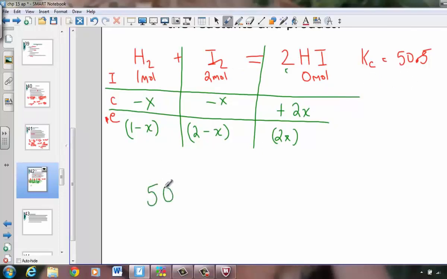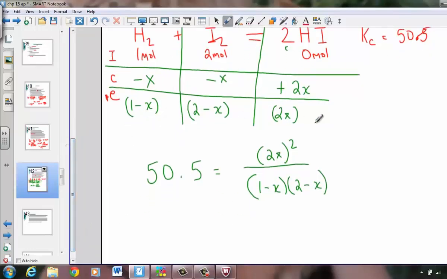If 50.5 is our given constant, it will be equal to the molar concentration at equilibrium of our product, 2x, squared due to the stoichiometry, set over the equilibrium concentration 1 minus x for hydrogen, times the equilibrium concentration of iodine, 2 minus x. We need to solve for x. Then go back and plug in and we'll have those concentrations.